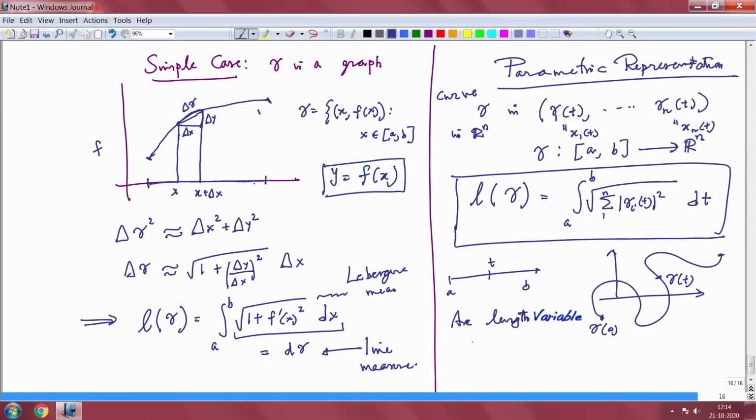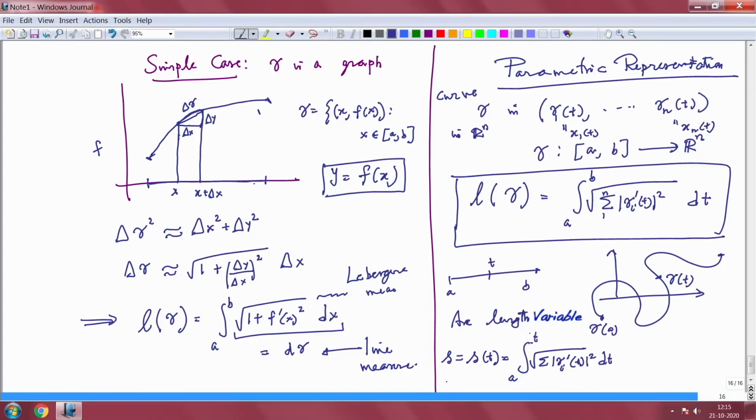So, you can define the arc length variable as a function of t. It is nothing but you integrate from a to t, a one variable integration, the integral of the square root of the sum of gamma i prime t squared, dt. So, this is the arc length variable.